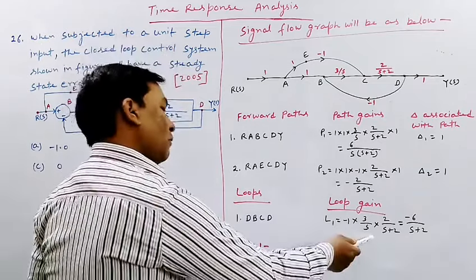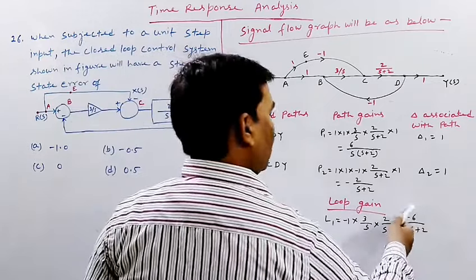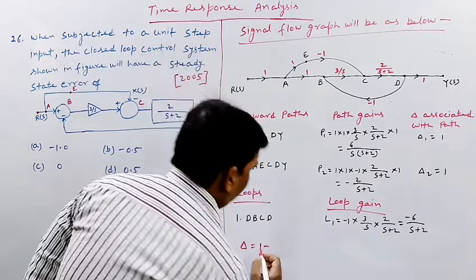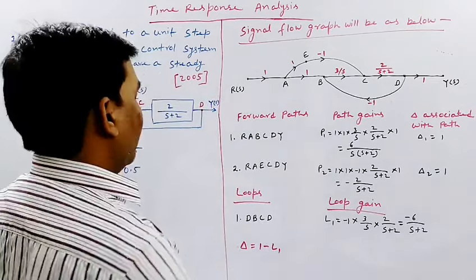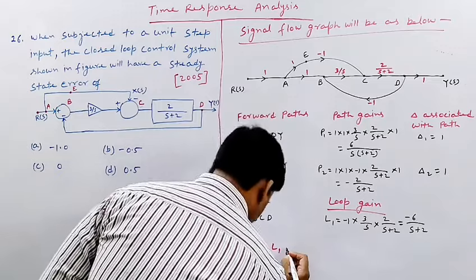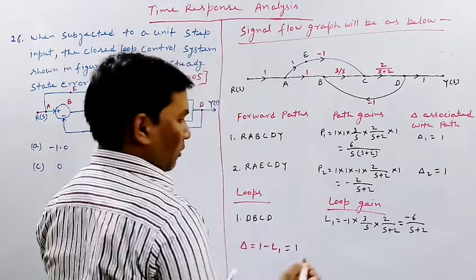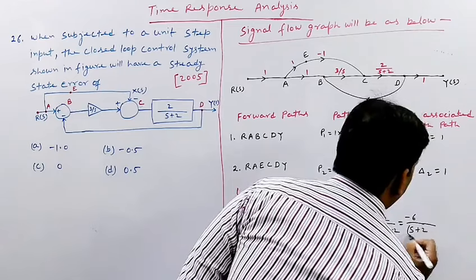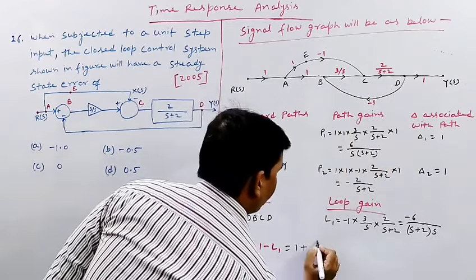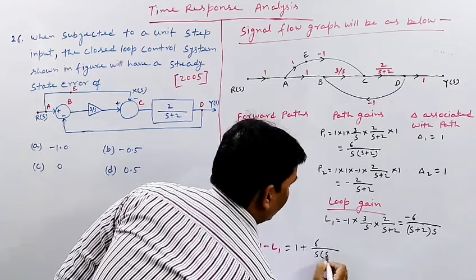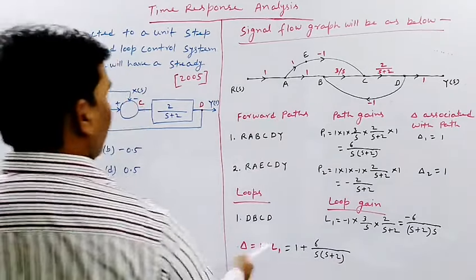But here, since there is only one loop, it will be 1 minus L1 only. So this will be 1, L1 is minus 6 by S into S. Sorry, S is also there. So 1 plus 6 divided by S into S plus 2. Now we have calculated the value of delta.